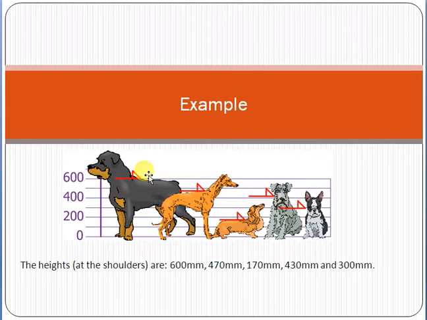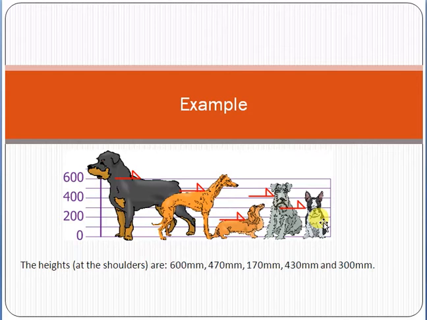So one dog is 600 millimeter, one dog is 470 millimeter, one dog is 170 millimeter, one is 430 millimeter, and one is 300 millimeter. So we want to see what the standard deviation is.